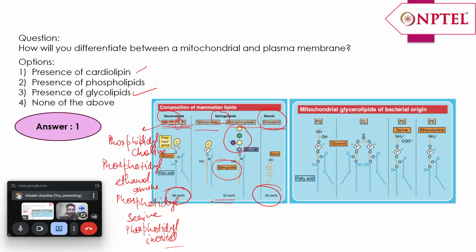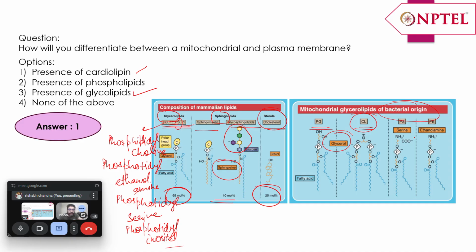So they have phospholipids or the phosphoglycerolipids. Then we have cardiolipin. Okay, this also has a glycerol as its base. So this is a specialized lipid that is present only in the mitochondria in the mammalian case, because it is basically derived from bacterial origin.